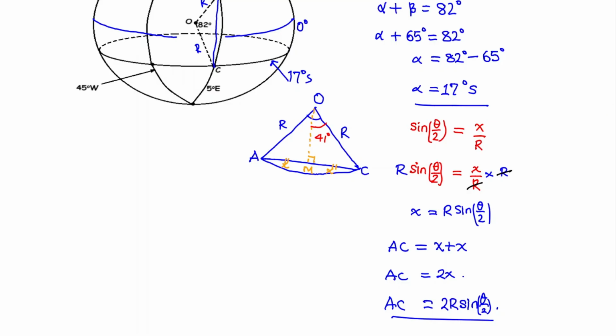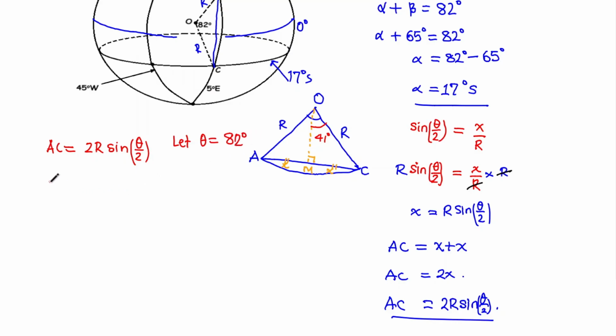Now from here, we can go on and make our substitution, bringing our formula up: our AC, the shortest distance, is given by twice R sine of theta over 2. And we already let our theta be equivalent to 82 degrees.